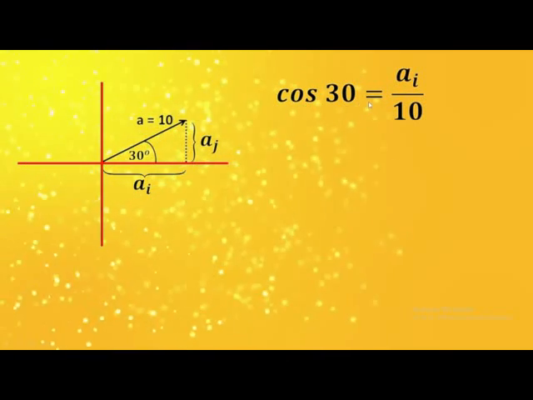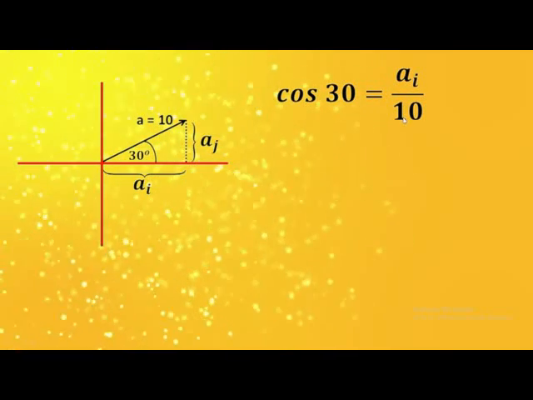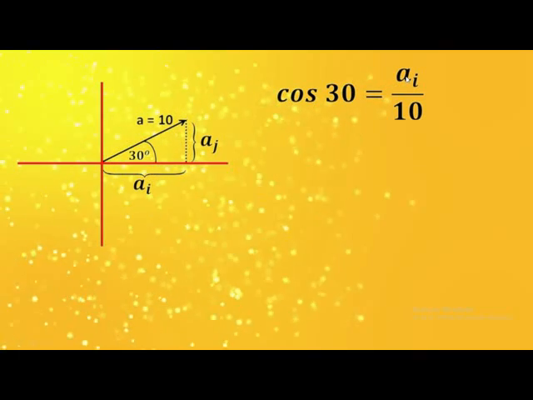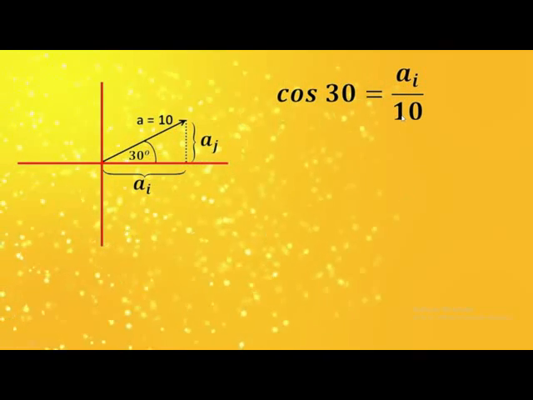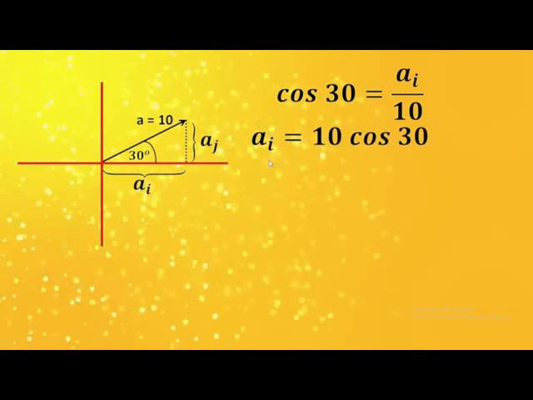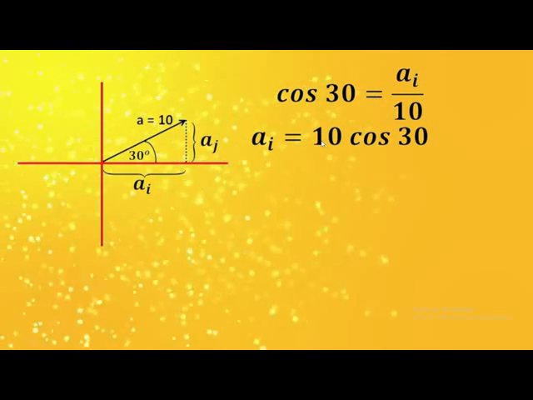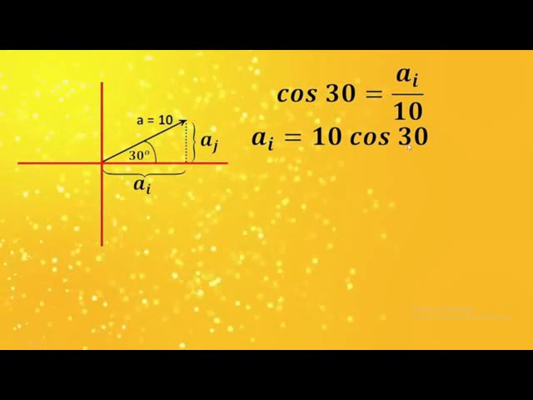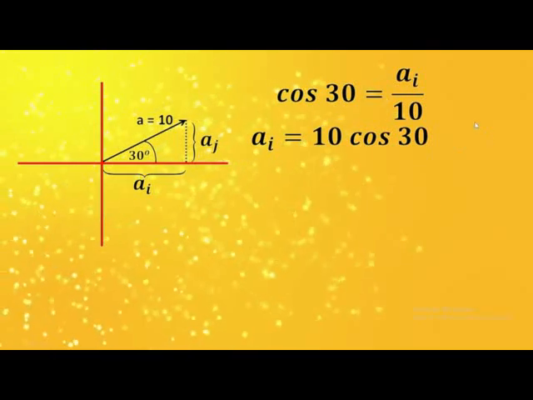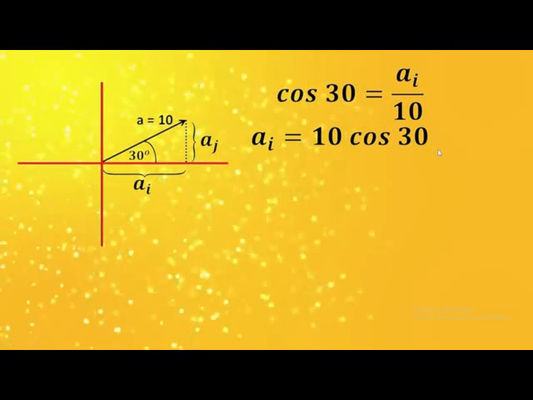Cosine 30 equals adjacent per hypotenuse, the i component of A per 10. So the i component of A equals 10 times cosine 30. That's the component of A in i.